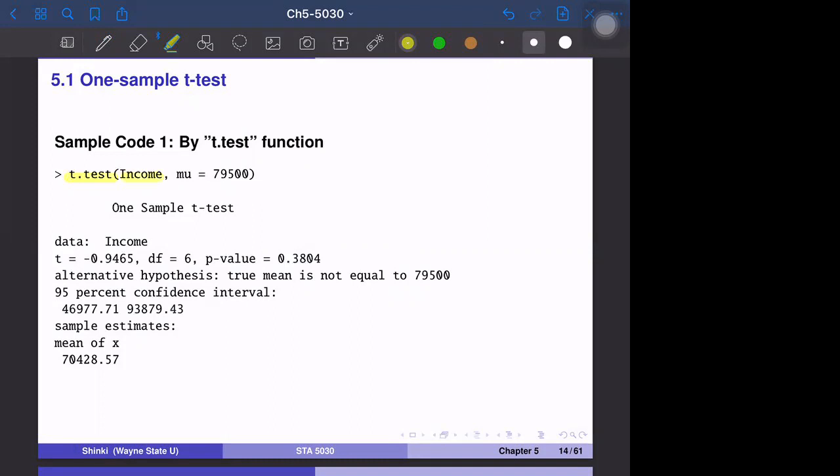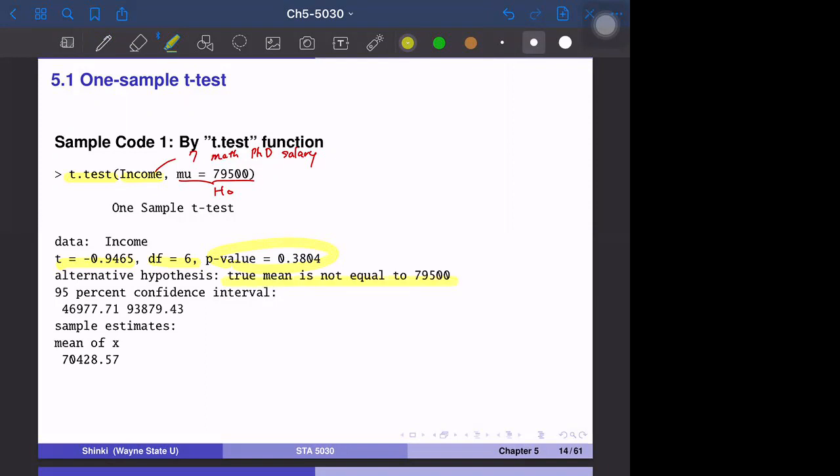Income is the vector of seven mass PhD salaries, and this is the null hypothesis. Then it implements the one sample t-test, and we get the t-value and degrees of freedom. We will explain this p-value later. But we can see that the alternative is this one.